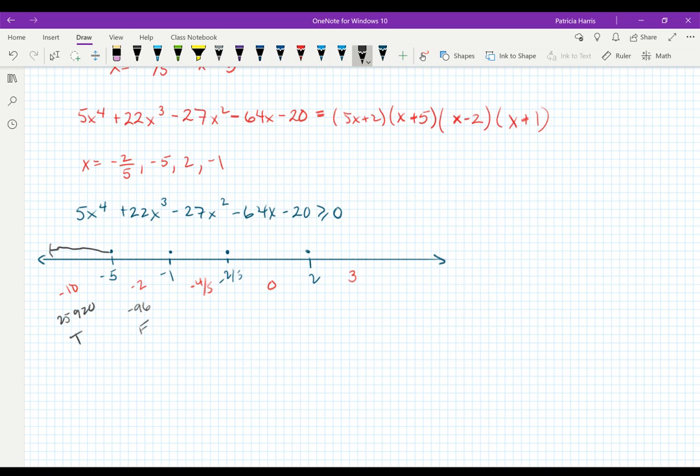Okay, so when I typed in that -4/5, I got 4.704. That is definitely greater than 0, so that's true. So I'm going to shade between.